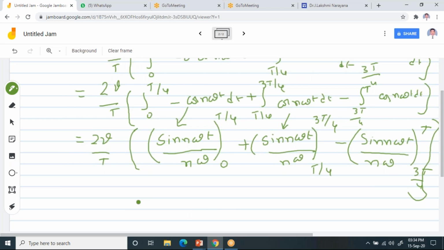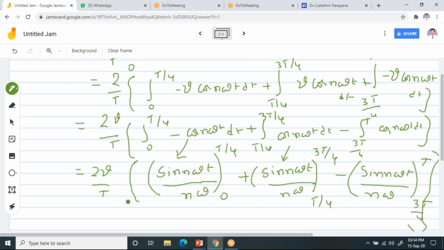Now sine n omega, in the place of small t, I have to write T by 4. Since sine 0 is 0, no need to write it. Plus sine n omega, in the place of t, I have to write 3T by 4, minus sine n omega T by 4.